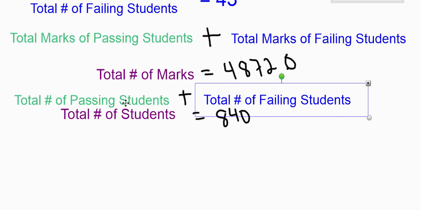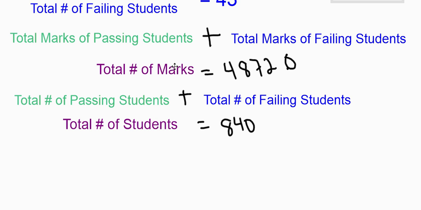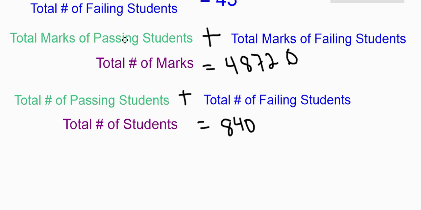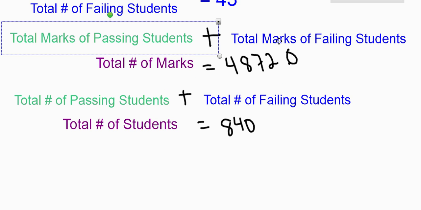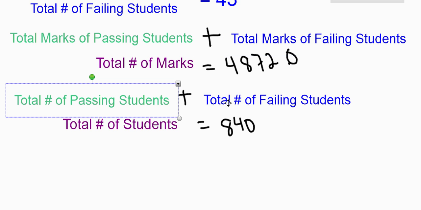Because of all those who passed plus all those who failed, well, that must be all students. So again, I don't know what this is, and I don't know what this is, but I know that together they add to 48,720. I don't know what this is, I don't know what this is, but I know that together they add to 840.